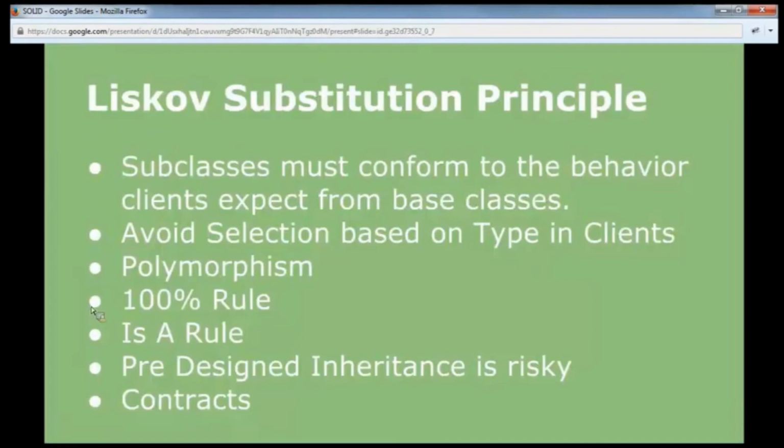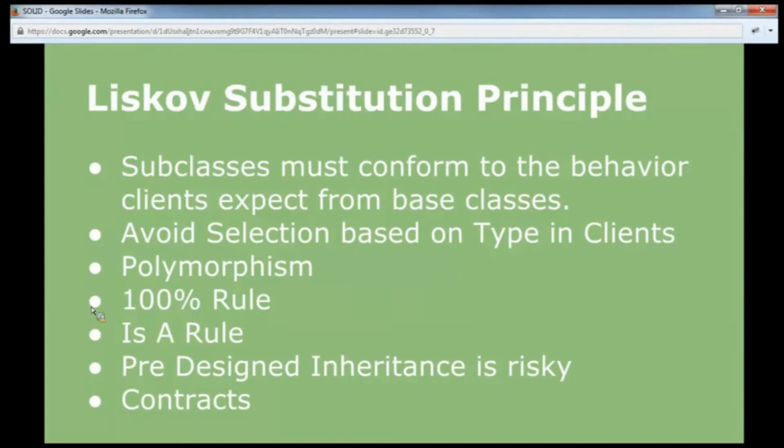The next principle, Liskov substitution principle, it's about subclasses. And it says that subclasses must conform to the behavior clients expect from base classes. So when we do a subclass, we need to make sure that it does not violate the behavior that the clients expect.